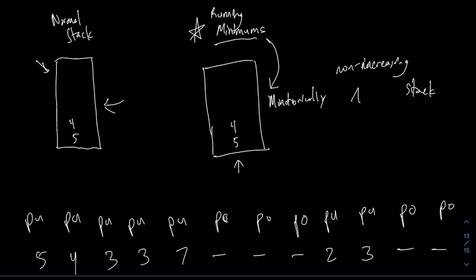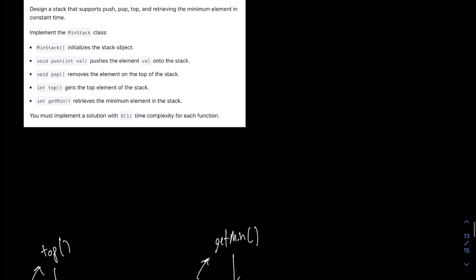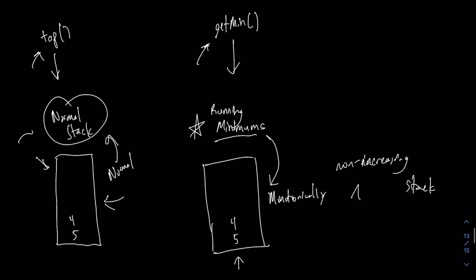And then at the end, we would have a stack that sort of looks like this. This left side will always just represent the normal stack. Whenever we call one of the first 3 methods that I shared earlier, these first 3 methods that pertain to a normal stack, we're going to call on our normal stack.